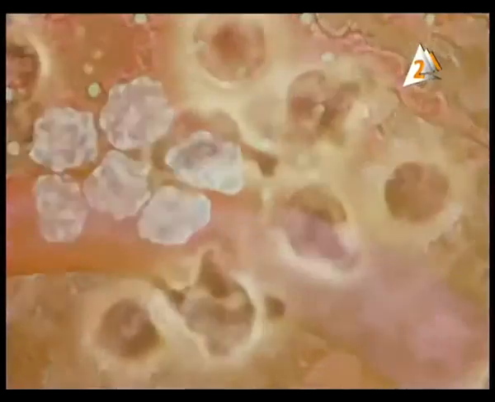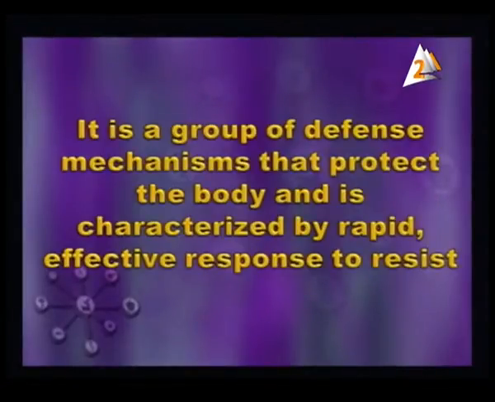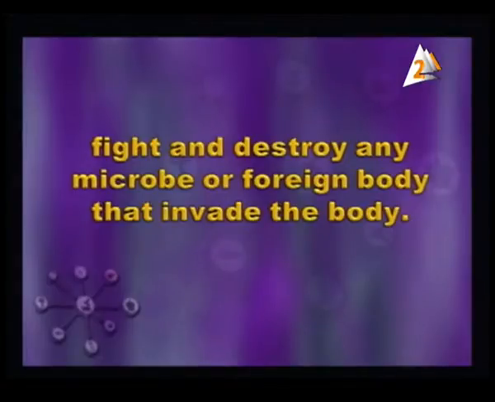Then let's begin and study the natural non-specific immune system. First of all, it is a group of defense mechanisms that protect the body and is characterized by a rapid, effective response to resist, fight, and destroy any microbe or foreign body that invades the body.